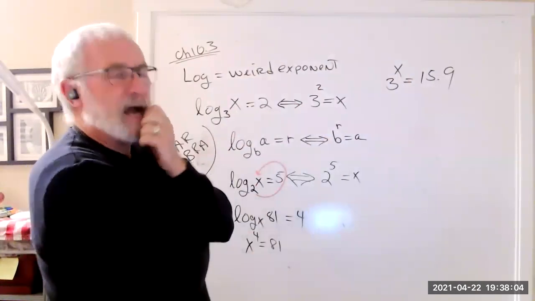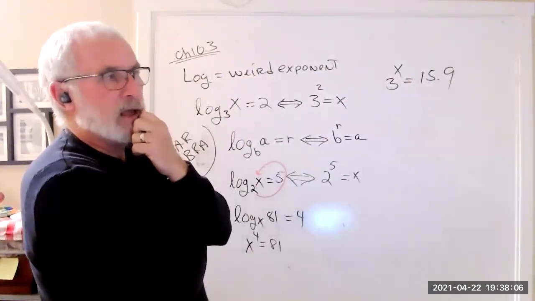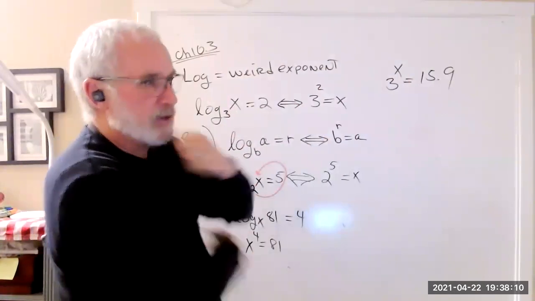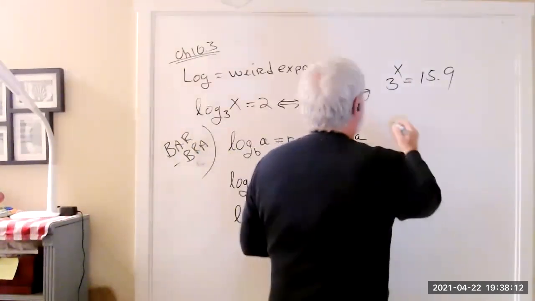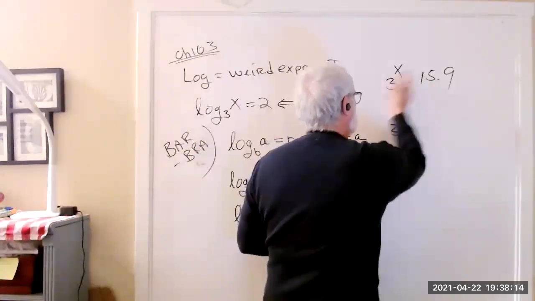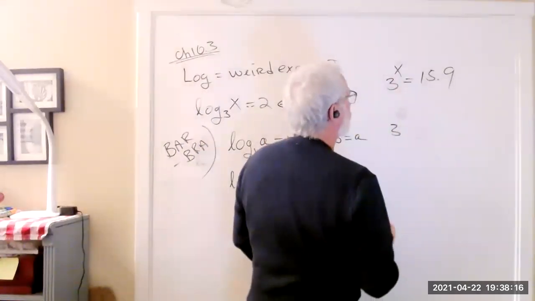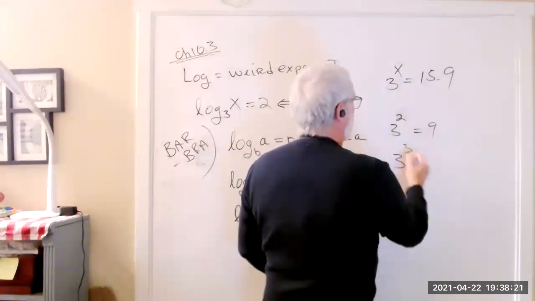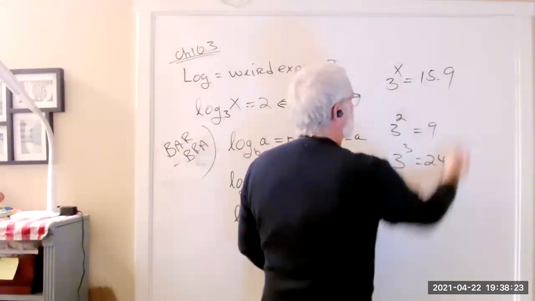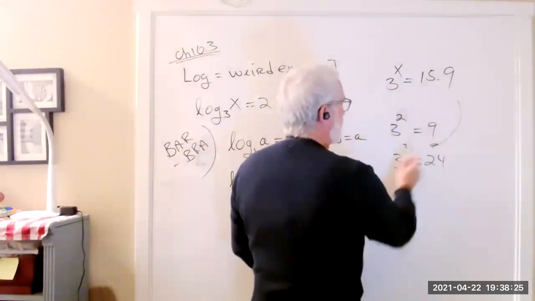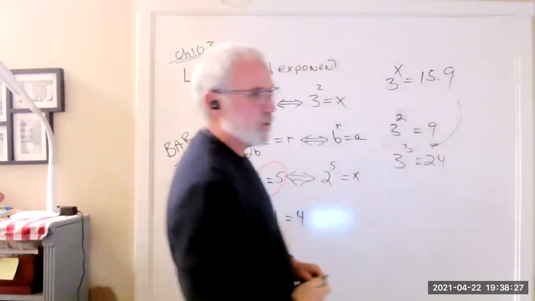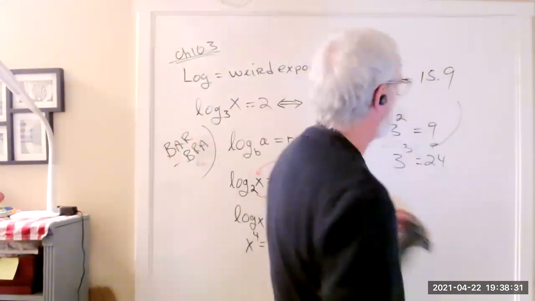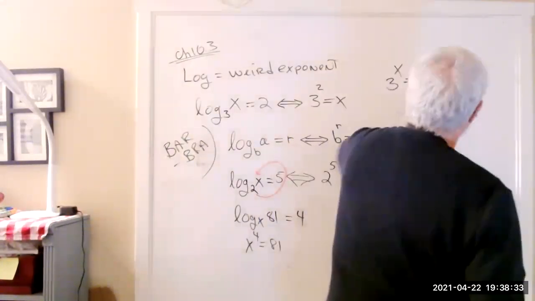I can guess x is somewhere between 2 and 3, because think of your powers. 3 to the 2nd is 9, 3 to the 3 is 27. So this is somewhere in between. So the answer is somewhere between 2 and 3. I can guess, but I don't want to guess. I want to be much more accurate.